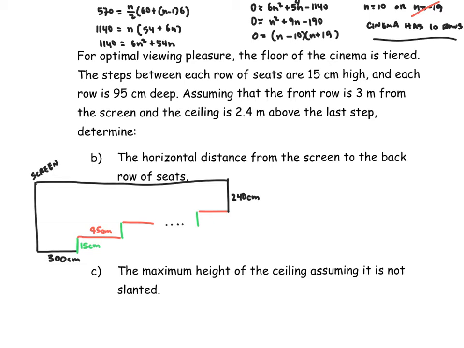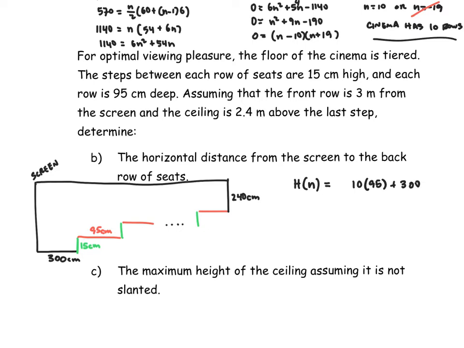Okay, so let's determine the horizontal distance from the screen to the back row of seats. Well, I know that I have 10 rows, right? So I have 10 of these red intervals, or rows of seats. And then how many of the green? If I already have 2 rows, I'd have 1, 2, and 1, 2. So if I have 10 rows, then the horizontal width of the room would be 10 95s plus the initial 300.